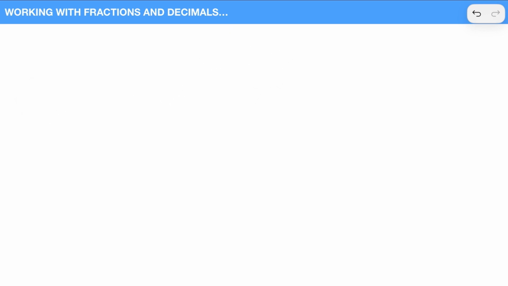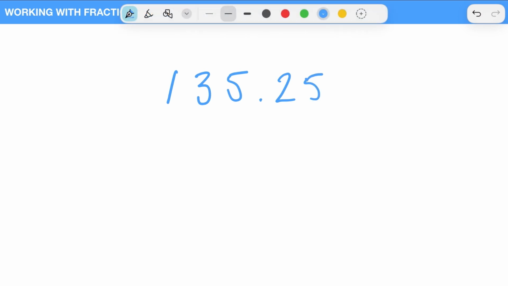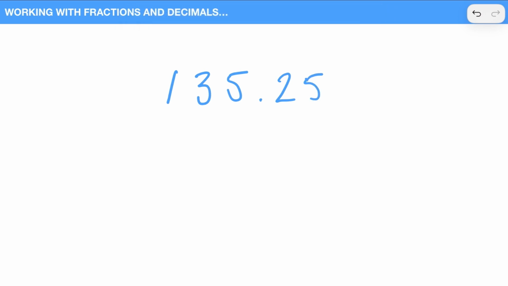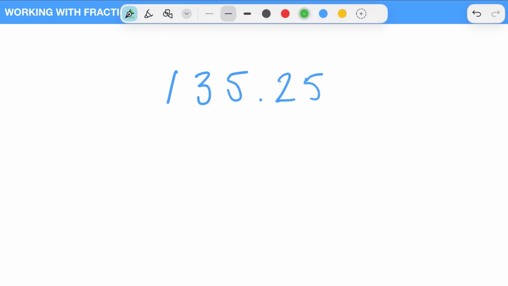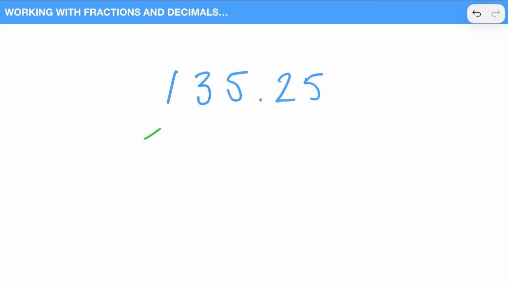So I want us to consider the number 135.25. If we were going to assign place value to this, the 1 out front, that is our hundreds place.